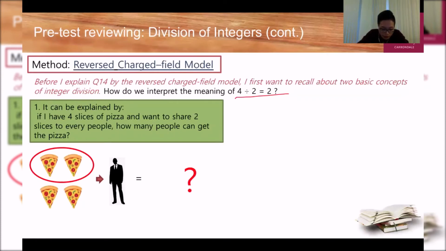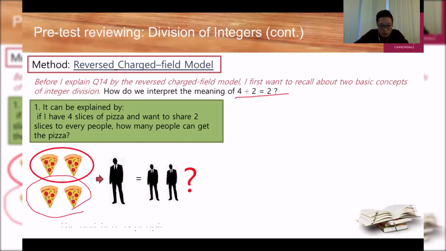I have a group of 2 slices, so I have 2 groups of slices of pizza. So 2 people can get pizza, because I want to share 2 slices to every person. So the answer will be 2, and the unit here is people.